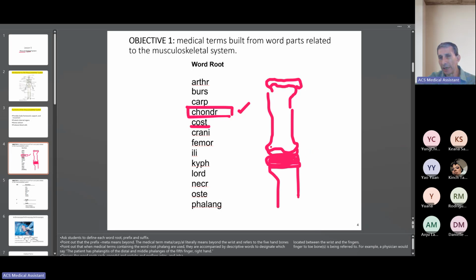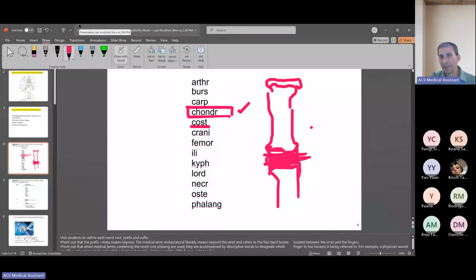And it doesn't allow this bone to have direct contact with the bone that is right here. When this disappears, then you have arthritis. When this gets damaged, then you have arthritis. See how important it is? The cartilage, the bursa.